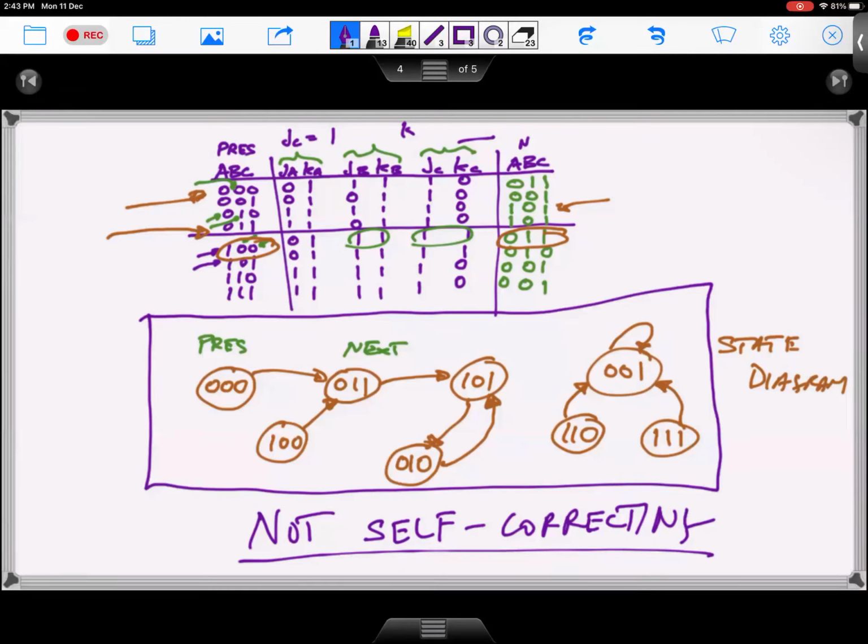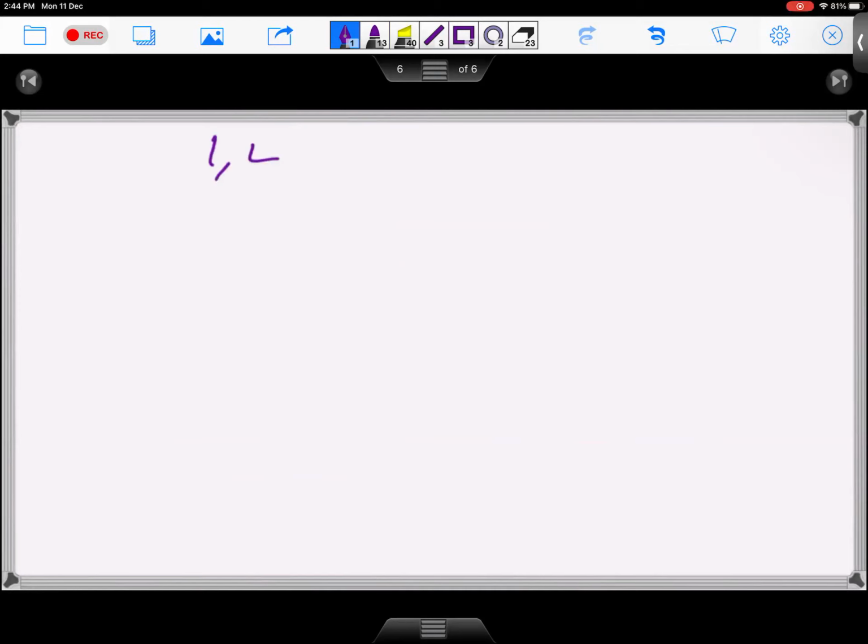We have a sequence: 1, 4, 7, 3, 6. And it repeats. What does repeat mean? 6 goes back to 1, 4, 7, 3, 6, 1, 4, 7, 3, 6 until you switch off the power. That's what it means.